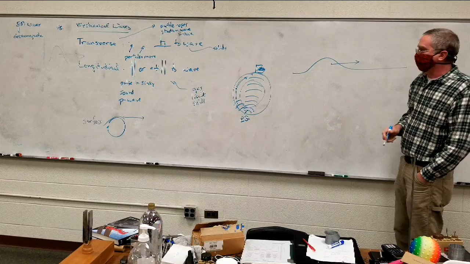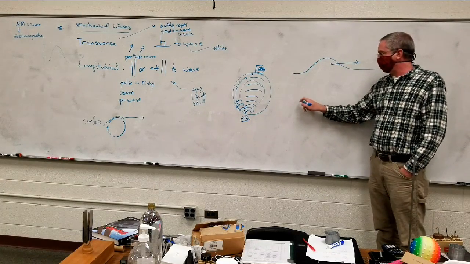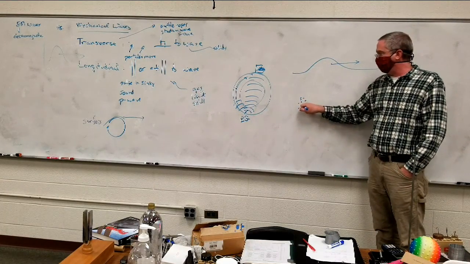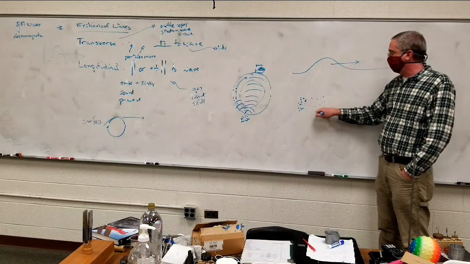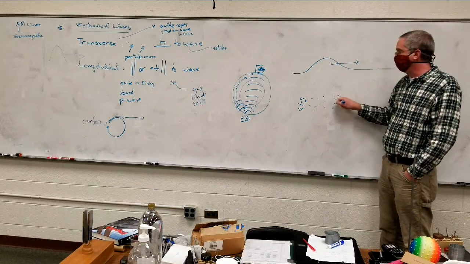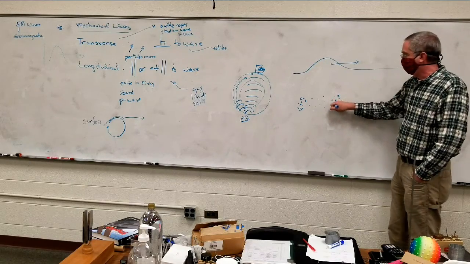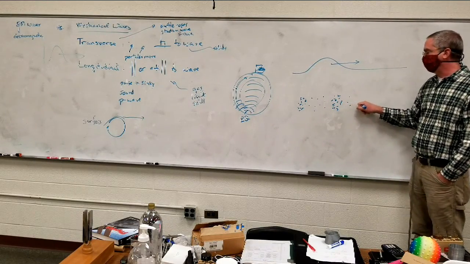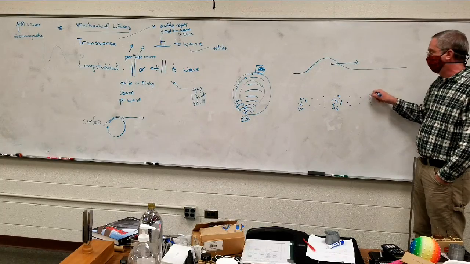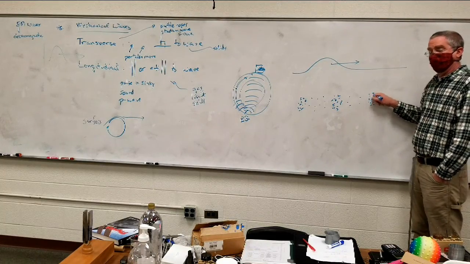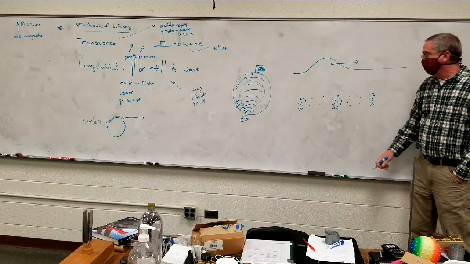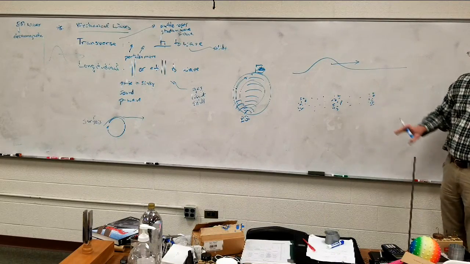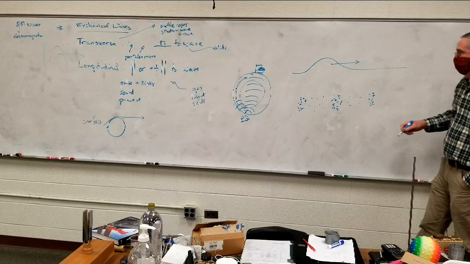But longitudinal waves, if I'm talking about sound, I've got areas where a bunch of particles are really near each other, and then places where they're not as close together, a high density area and a low density area. This is not easy to draw on a regular basis. So I need to somehow represent this in a simpler way.